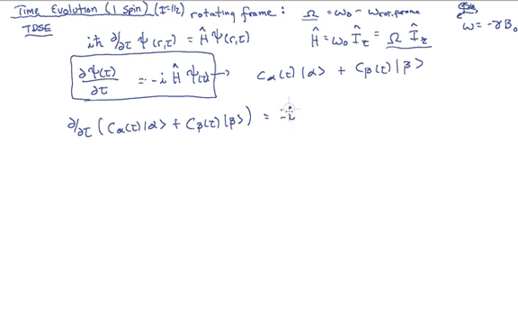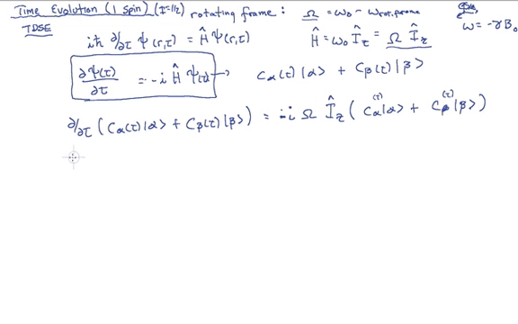So minus i, this frequency, the Iz operator, and then our wave function, which is a superposition of alpha and beta. And I've left out, but these are time dependent.